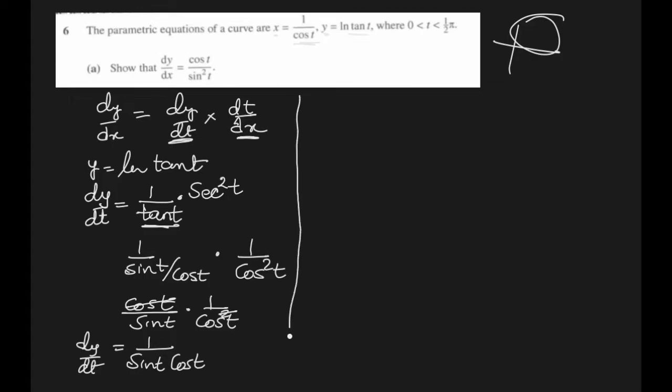Okay, let's move on to dx over dt by differentiating the second equation with respect to t.